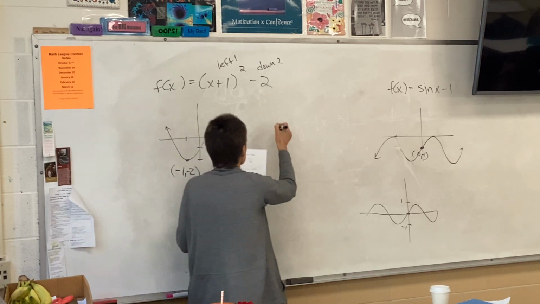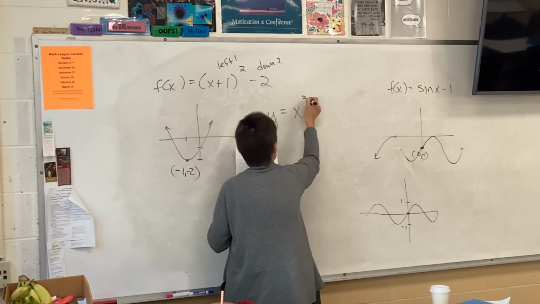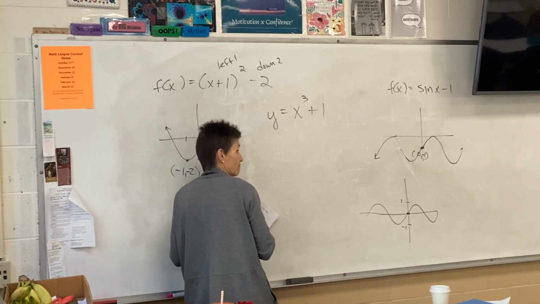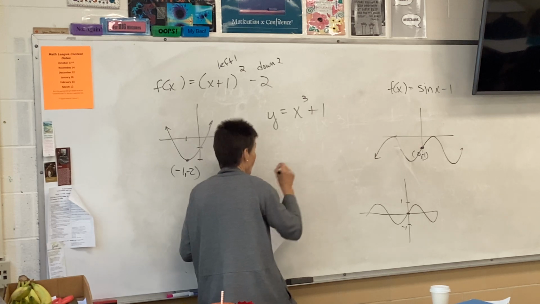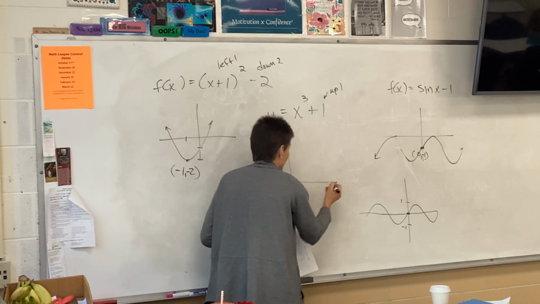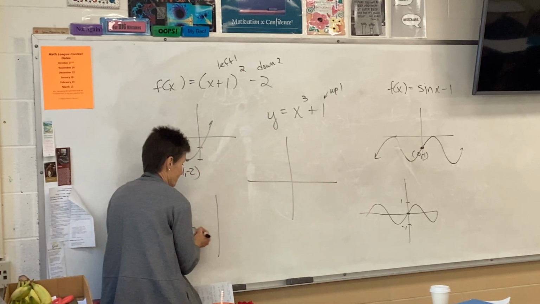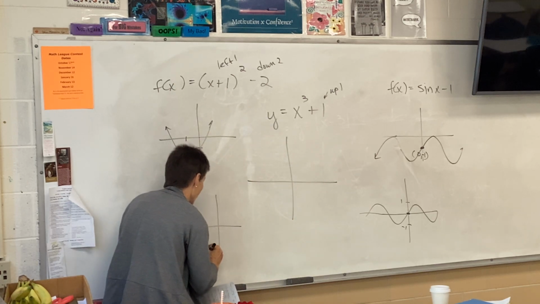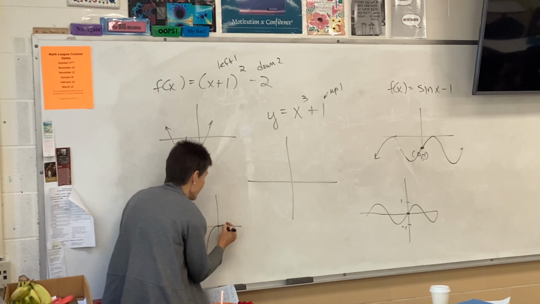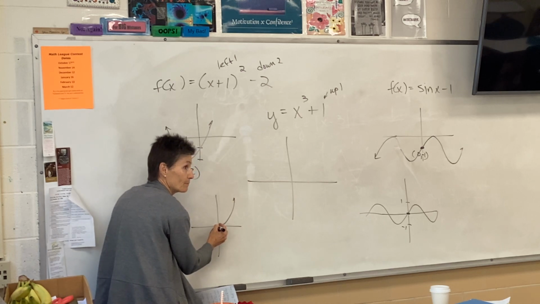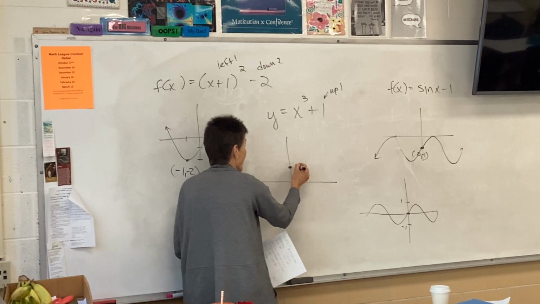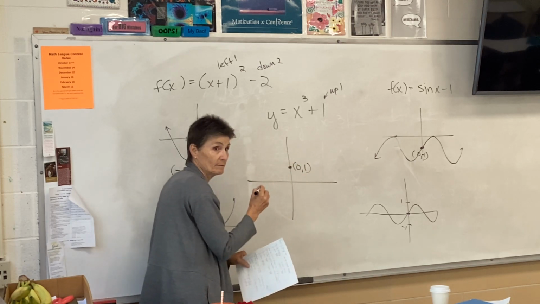All right, what about this one now? What's happening to this picture? Up 1. It's gonna be cute. Now remember, I'm gonna just draw my normal one over here. My normal one squiggles right here at the origin, right? So now this one is gonna do that up here. We're moving it up 1.